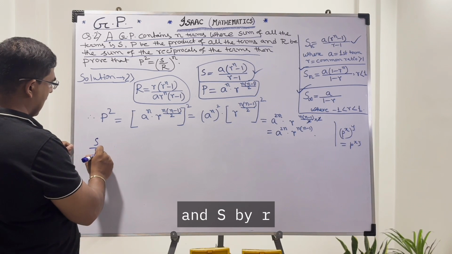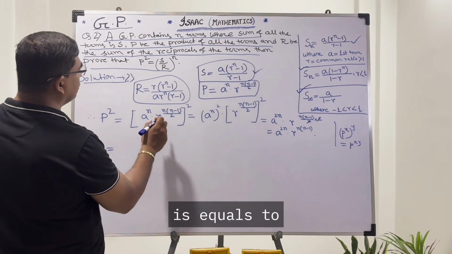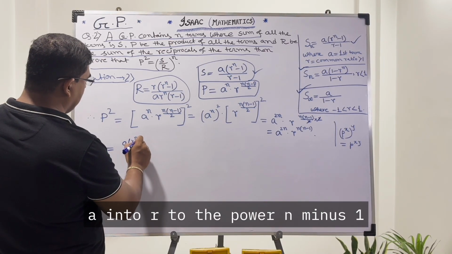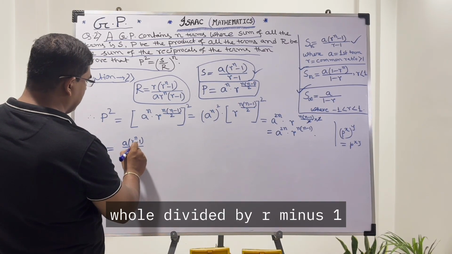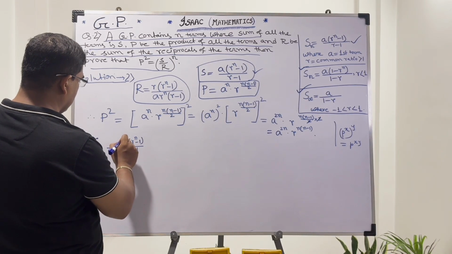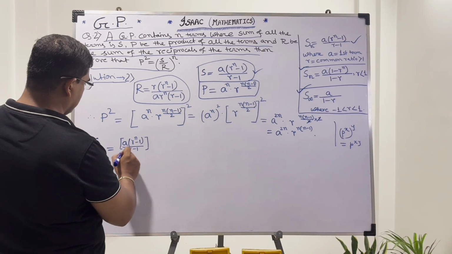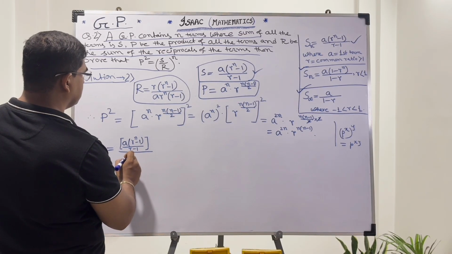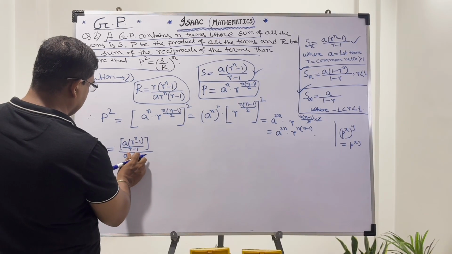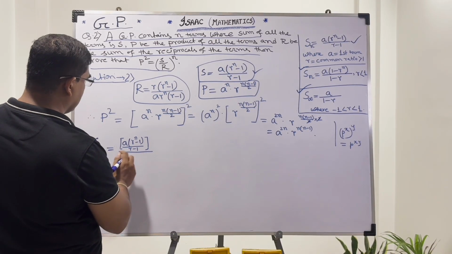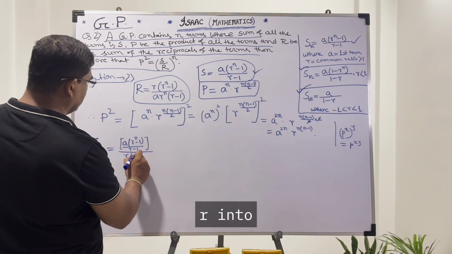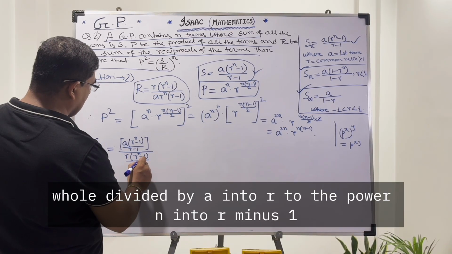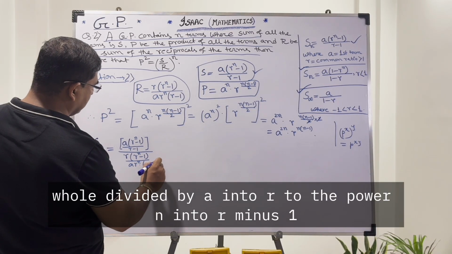And S by R is equal to A into R to the power n minus 1 whole divided by R minus 1, divided by A into R to the power n into R minus 1 whole divided by R into R to the power n minus 1.